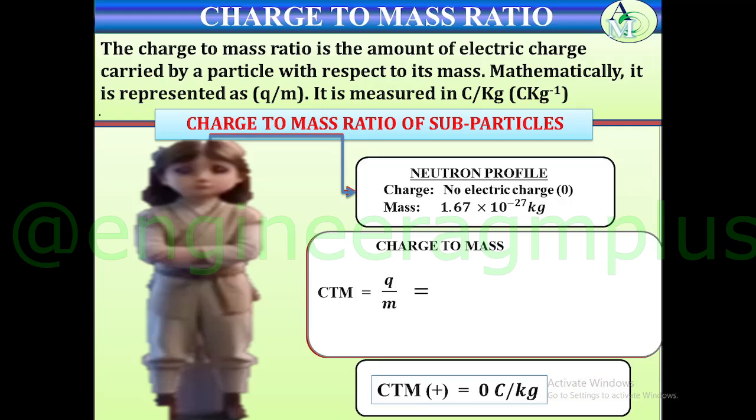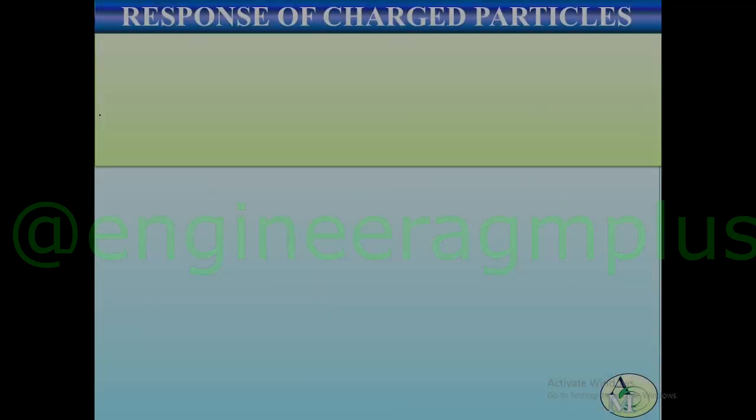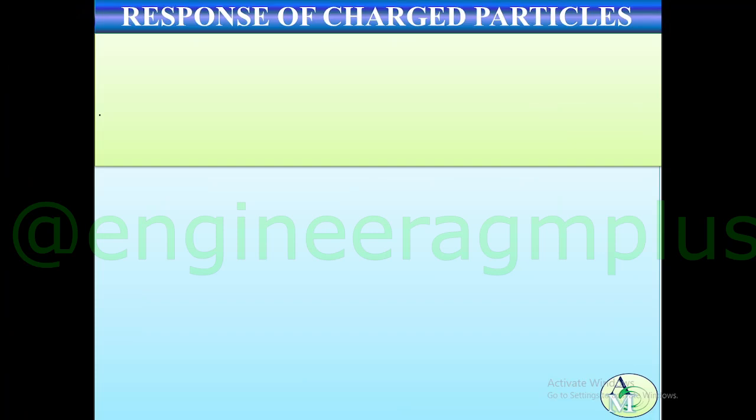What does this really imply? It shows the response of charged particles to electrical and magnetic forces. In reality, the charge to mass ratio shows how fast an atomic subparticle reacts to electric and magnetic forces.